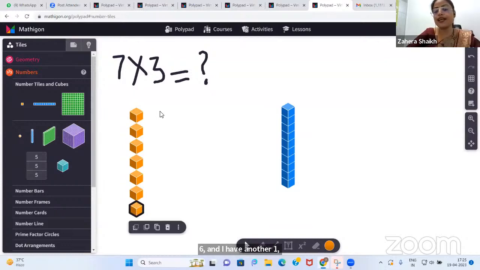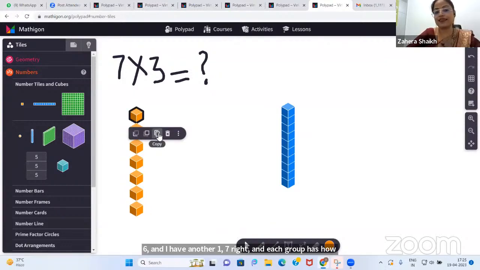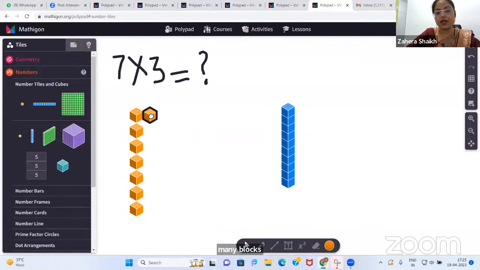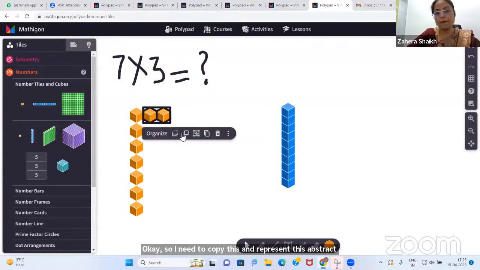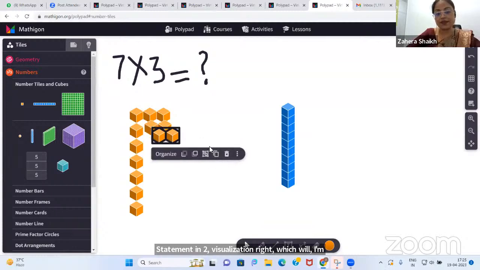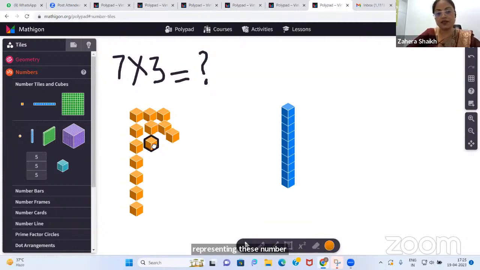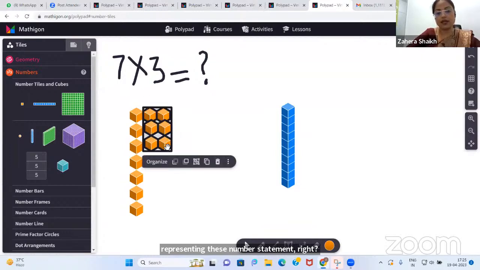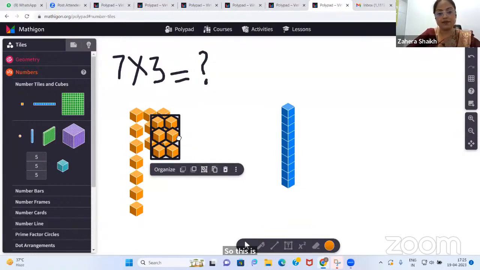And each group has how many blocks? 3. Okay, so I need to copy this and represent this abstract number statement visually, right? Visually, I'm representing this number statement, right?